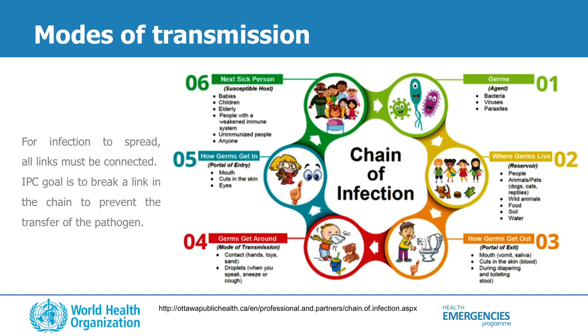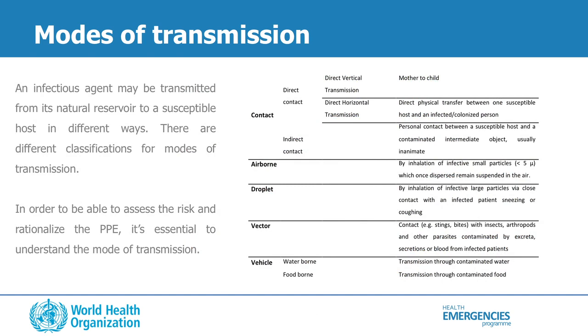This sequence is called the chain of infection. For infection to spread, all these links must be connected. And the infection prevention and control goal is to break the link in the chain to prevent the transfer of pathogens. An infectious agent might be transmitted from its natural reservoir to a susceptible host in different ways.